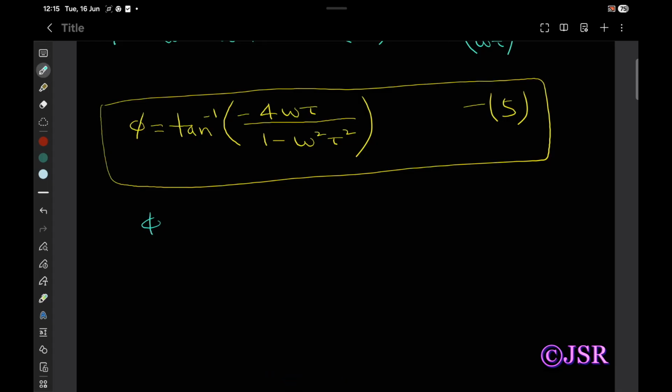So here we can write phi equal to tan inverse.